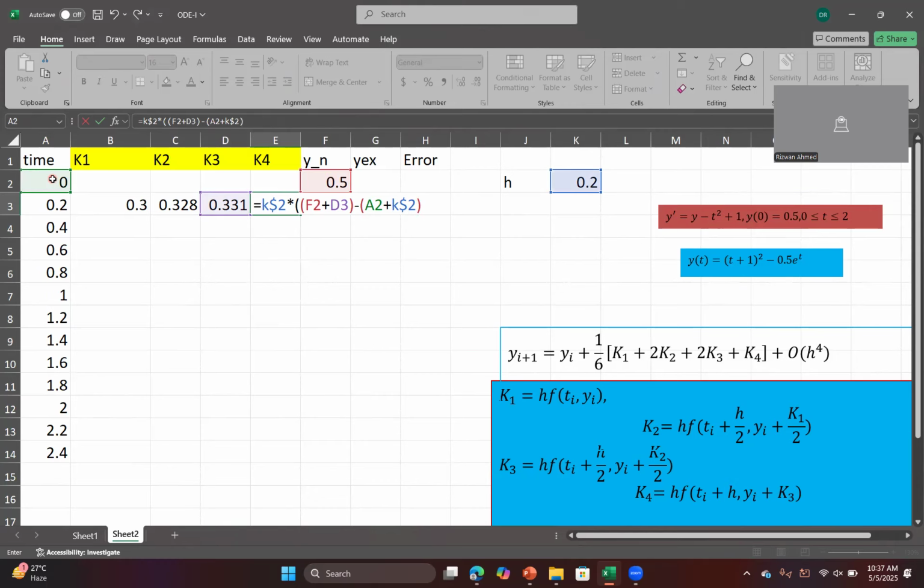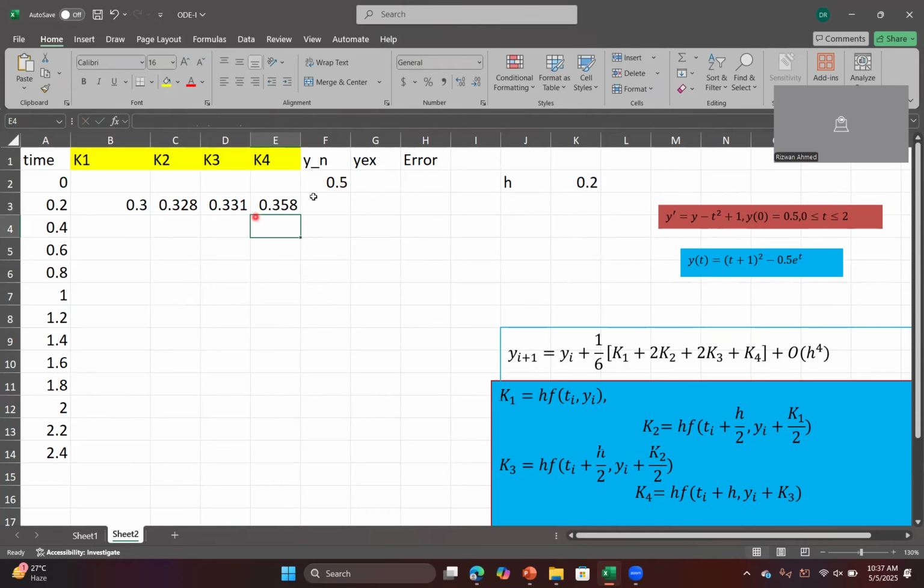There is no division by 2 here in the K4 calculation. However, I have to calculate the square because that is the function definition. Plus 1, and that's it. Now we are ready to get our estimate.